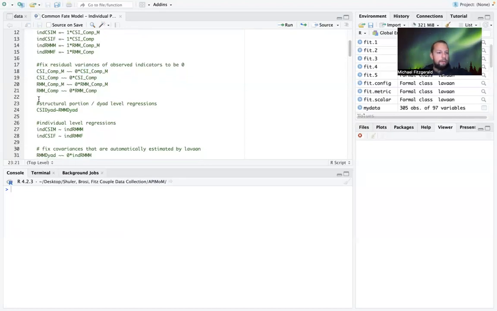The next part is going to look identical to existing syntax with the common fate model. This is our dyad level regression coefficient, where we are having relationship mindfulness predict variation in how happy couples are, and more specifically, how happy heterosexual couples are. In that diagram I showed you, this is going to be gamma 1.